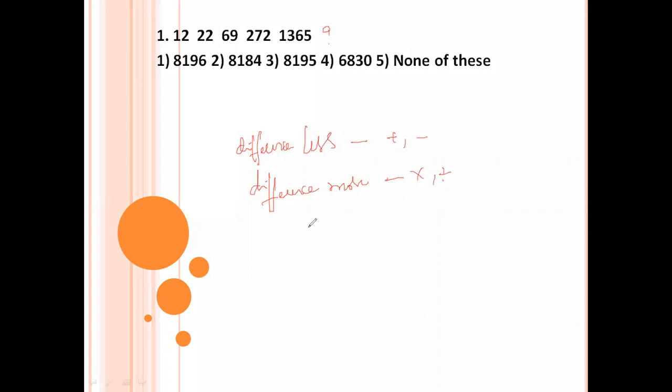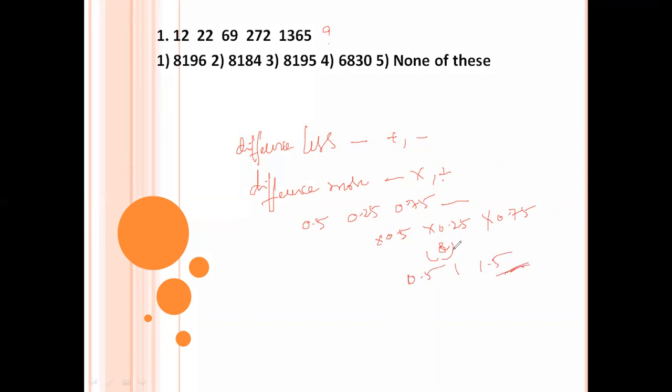In any problem, 0.5, 0.25, 0.75, these numbers will come. Compulsorily multiply those numbers with 0.5, 0.25, 0.75, or if the difference is less, we add those values: 0.5, 1, 1.5, multiply or add these values.